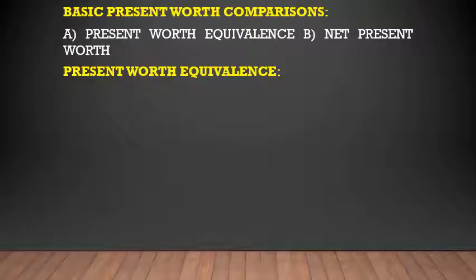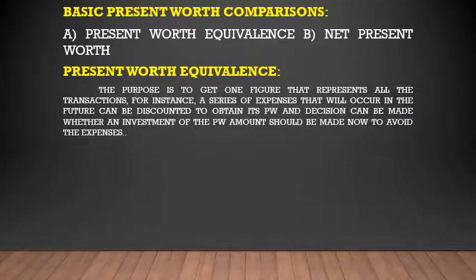In present worth comparison of alternatives, normally we follow two methods. First method is present worth equivalence and the second one is net present worth. Present worth equivalence indicates any future cash flow, whether it is uniform series or single payment, they are all discounted to their present worth.